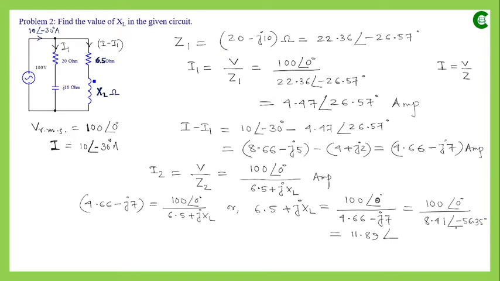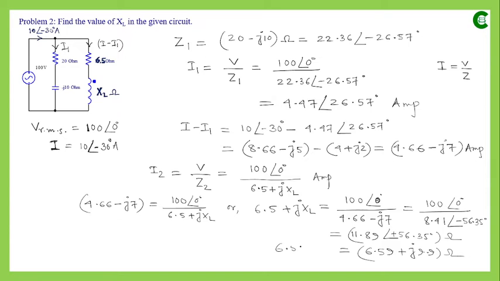Then the angle will be 0 minus minus 56, so finally it will be plus 56.35 degree ohm. It is given in polar form, so now if we convert to rectangular form, it will be 6.59 plus j9.9 ohm. So this is the impedance of the second branch.